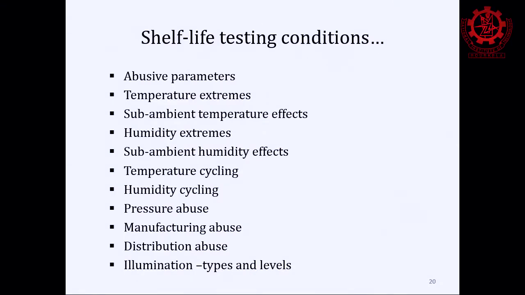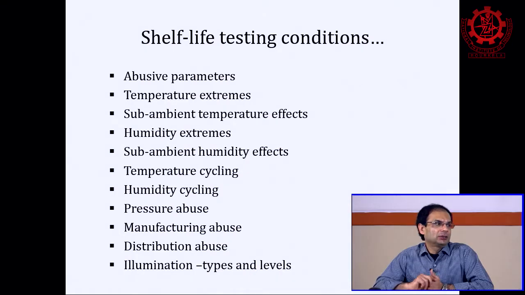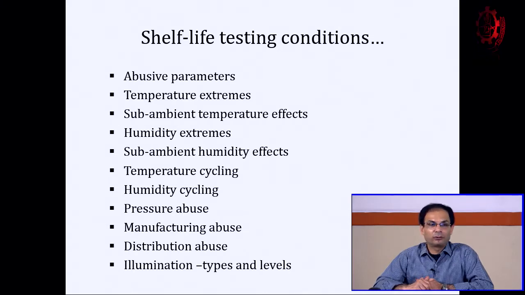And these are some of the abusive conditions, as one of the students was mentioning. These abusive parameters could be temperature, humidity, or sometimes temperature cycling. Rather than just having higher temperature, you can have temperature cycling, because many times, especially for frozen and refrigerated products, during distribution it is temperature cycling, not always higher temperature.